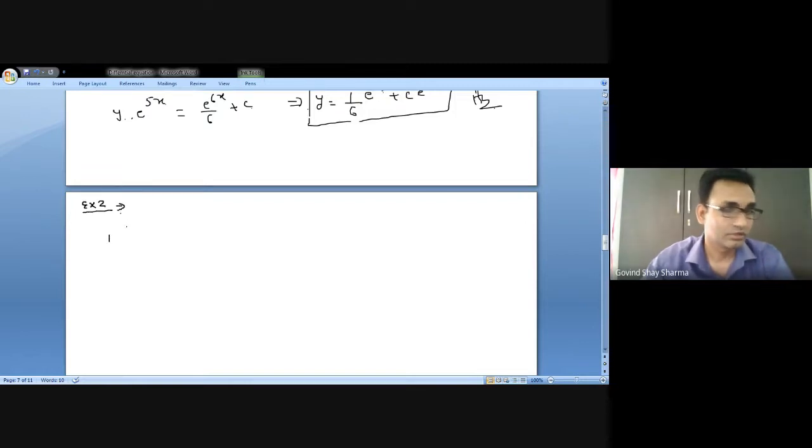Let dx upon dy plus x upon 1 plus y square is equal to e to power minus tan inverse y upon 1 plus y square.